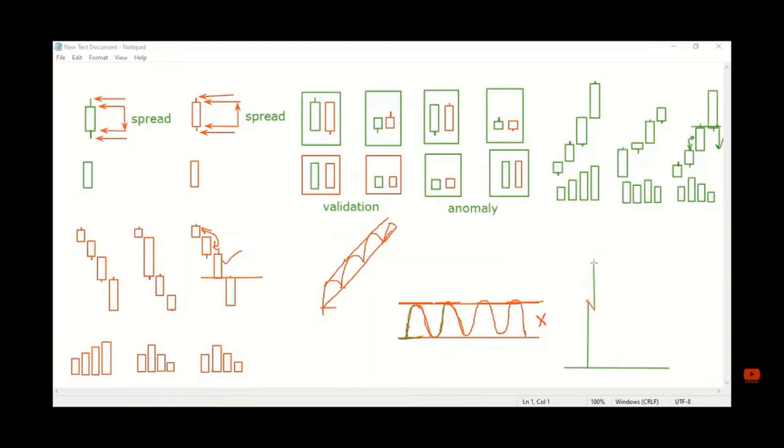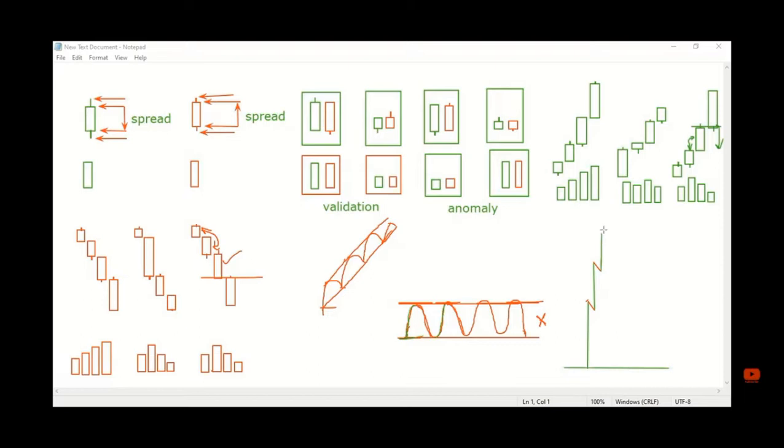Finally it breaks this level, this pullback level, and the market goes up. Again we see a pullback. In this pullback, the market again creates one, two, or three candlesticks. Again the market started going up, up, up like this.